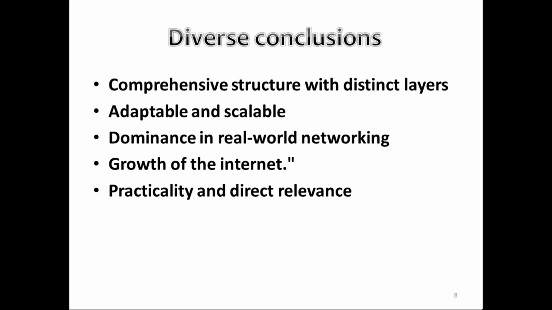Both the OSI and TCP/IP models serve as a crucial framework for understanding networking processes, while OSI offers a comprehensive structure and TCP/IP's practicality and direct relevance to the internet's functioning led to its widespread adoption.